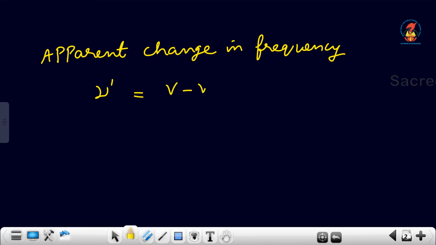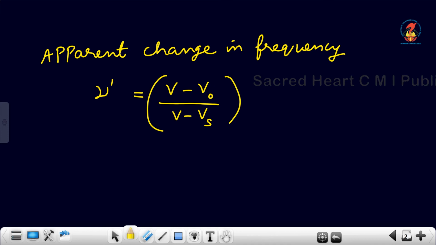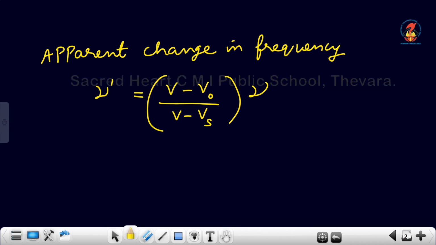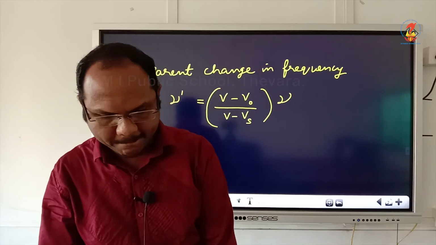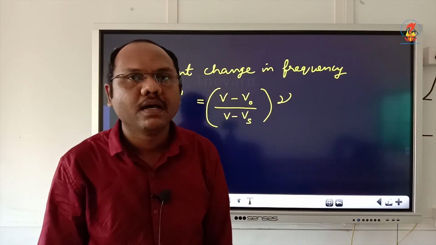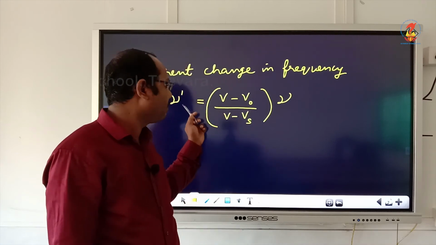Nu dash is equal to V minus VO, observer, by V minus Vs, into nu. And nu dash is the apparent frequency.